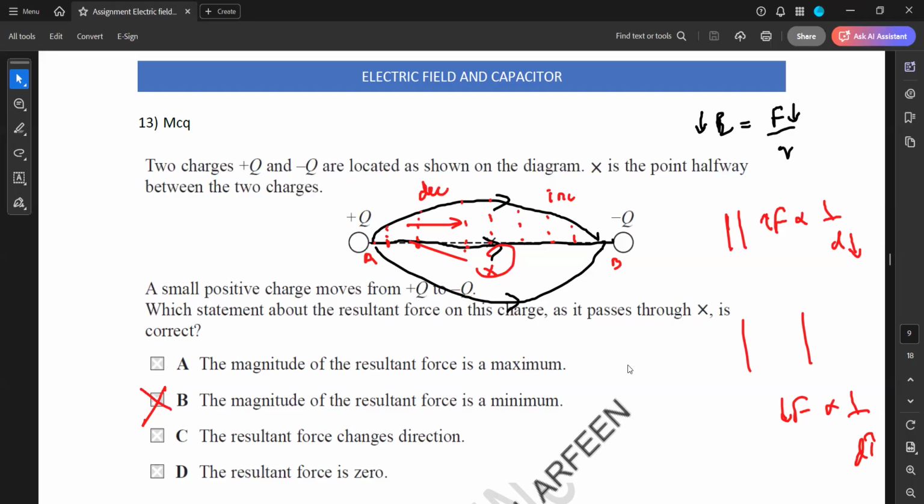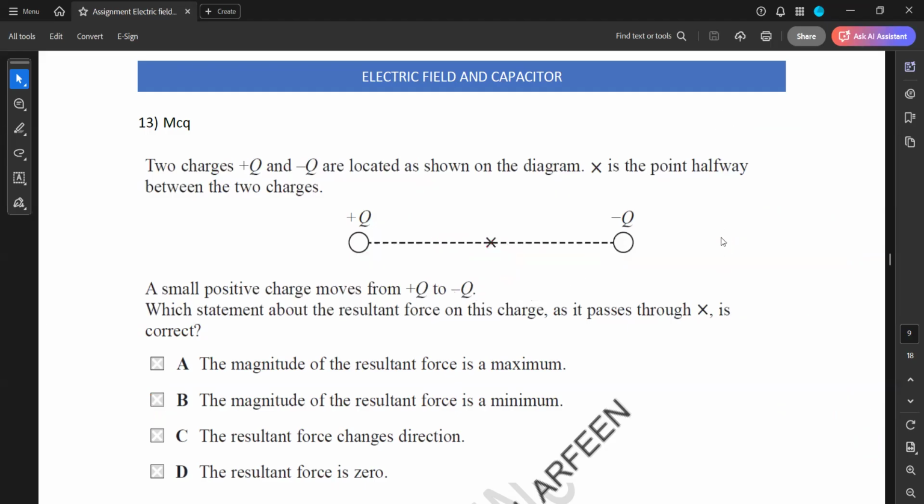In what cases is the resultant force zero? If we have like charges and there are no field lines at a point, when we draw the electric field lines, then the force will be zero as the electric field strength is zero.